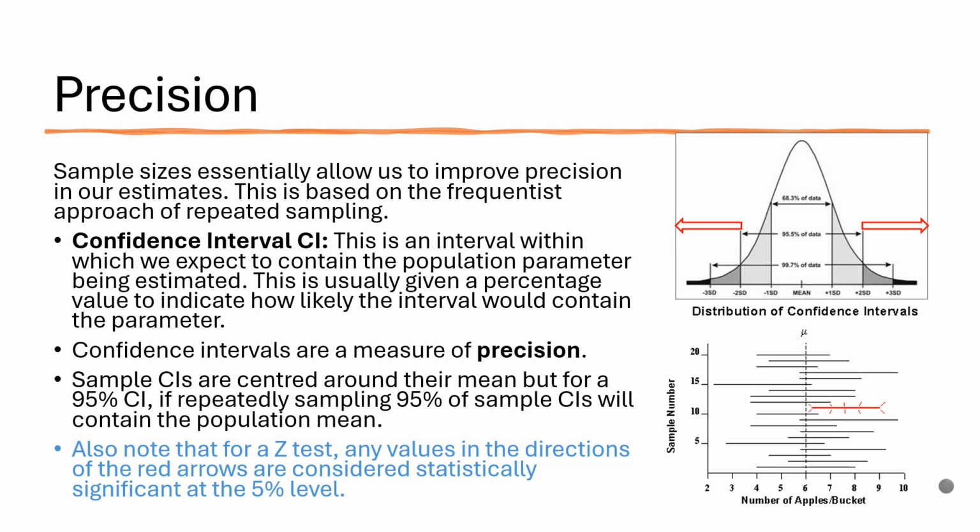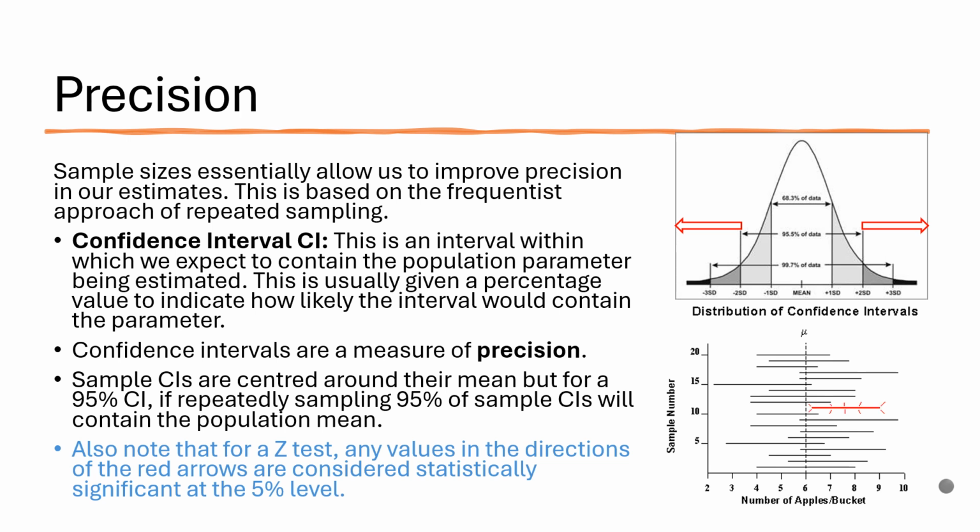Confidence interval, this is an interval within which we expect to contain the population parameter. So the population parameter could be, let's say, the mean height of men in the Gambia. That's the population parameter. But we selected a sample from people who visited Banjul Hospital, EFSDH Hospital, and we got our point estimate, our mean, from those samples, and our confidence interval.